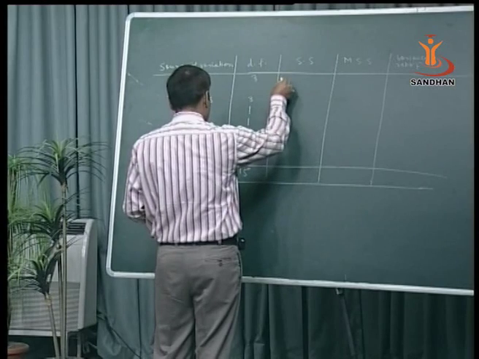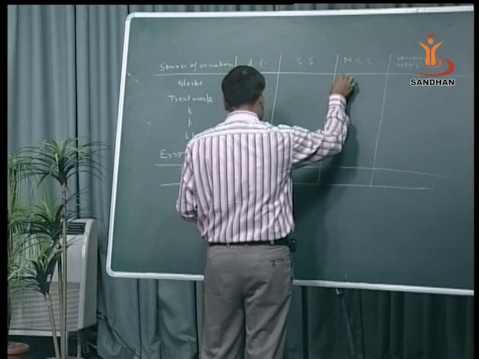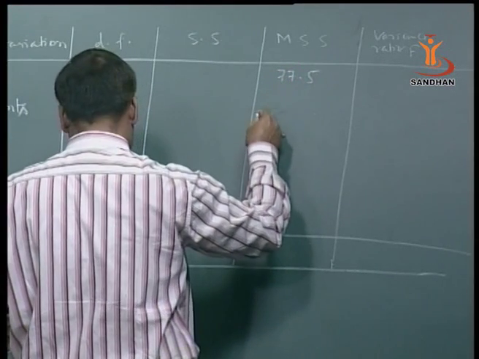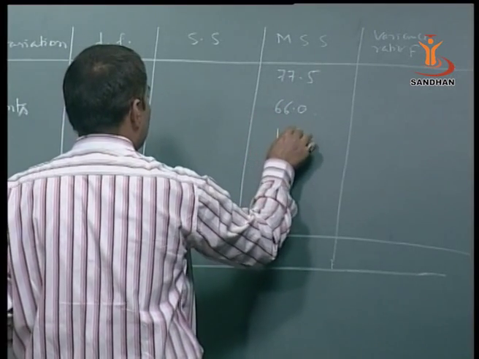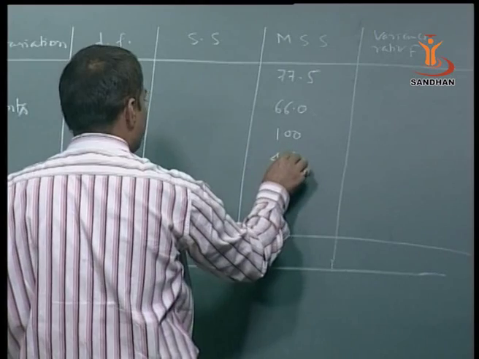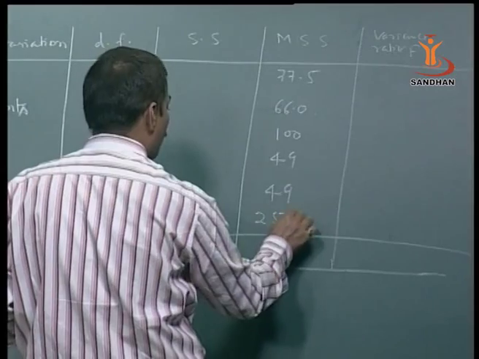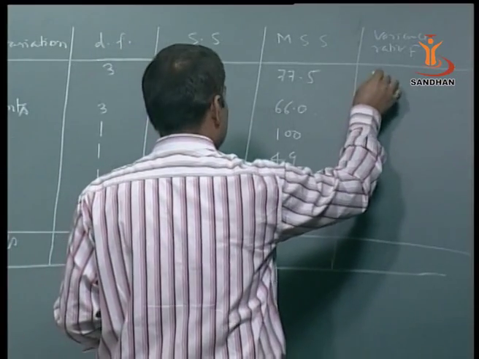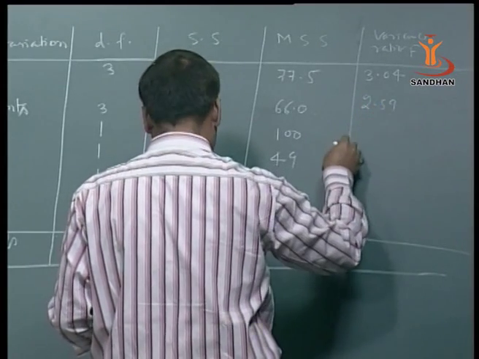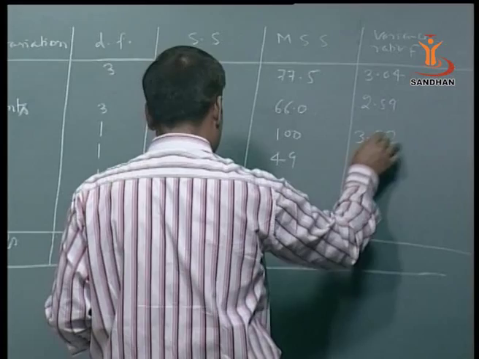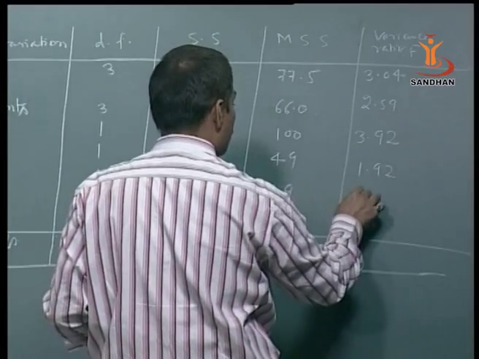Mean sum of squares come out as 77.5, 66.0, 100, 49, 49 and 25.5, and the values of F for these are 3.04, 2.59, 3.92, 1.92, 1.92.